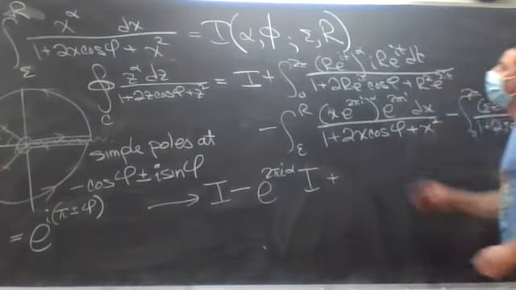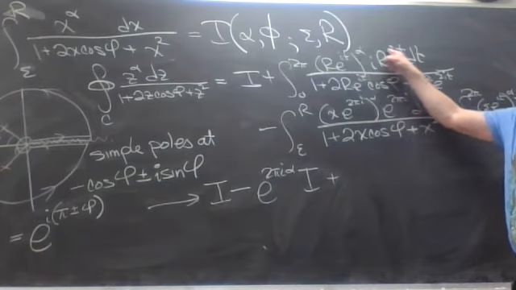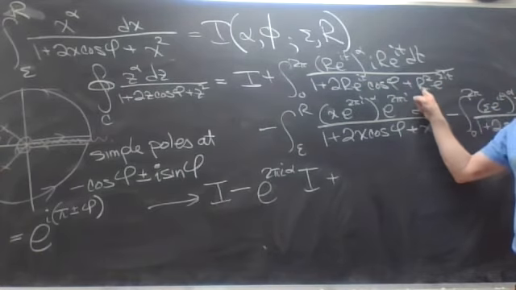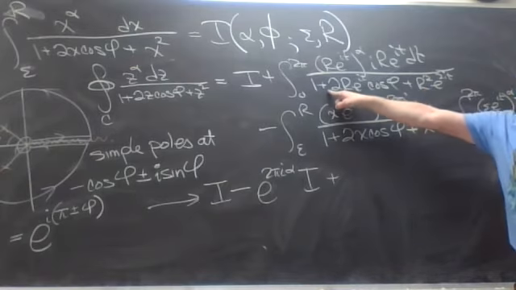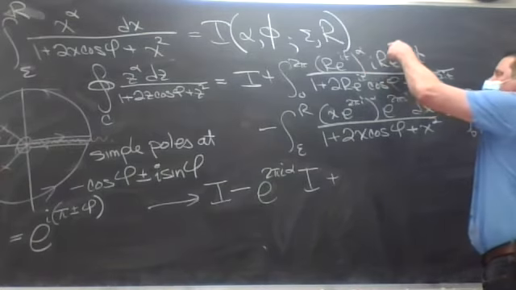Plus, all right, what happens up in here? I've got R to the alpha plus 1 divided by R squared. As R tends to infinity, these two terms pale in comparison. So I'll have R to the alpha plus 1 minus 2.